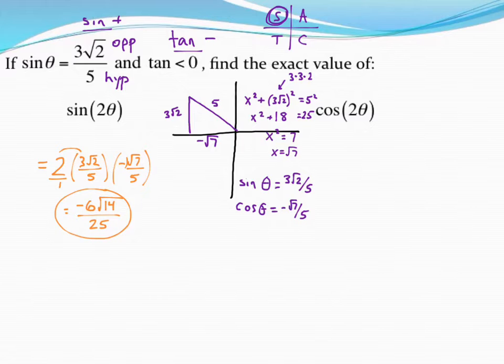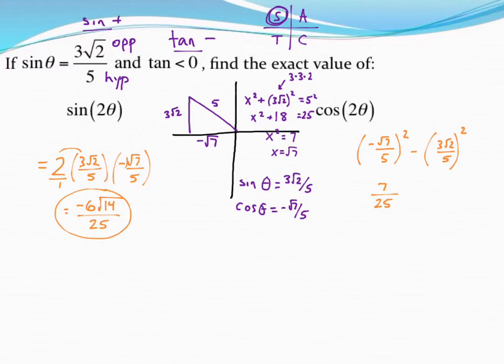Okay? And then to get cosine of 2 times theta, the formula is to take the cosine and square it, so negative square root of 7 over 5 squared, minus the sine squared. So we had 3 square root of 2 squared over 5. And remember, to square a fraction, you just square the top and bottom separately. So in the top of this, negative square root of 7 times negative square root of 7 is positive 7 over 25.